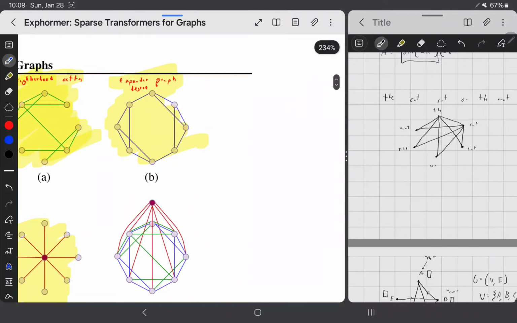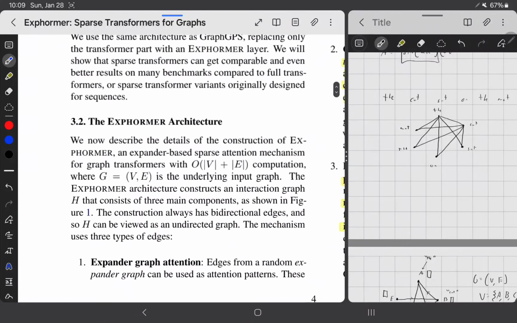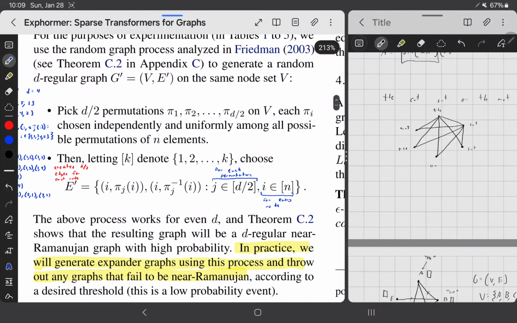So this expander graph is actually a random graph that is constructed. Down here, they define it. So the random graph is quite simple to create. Basically, they pick d over 2 permutations of the vertices. D basically defines how large you want your graph to be.